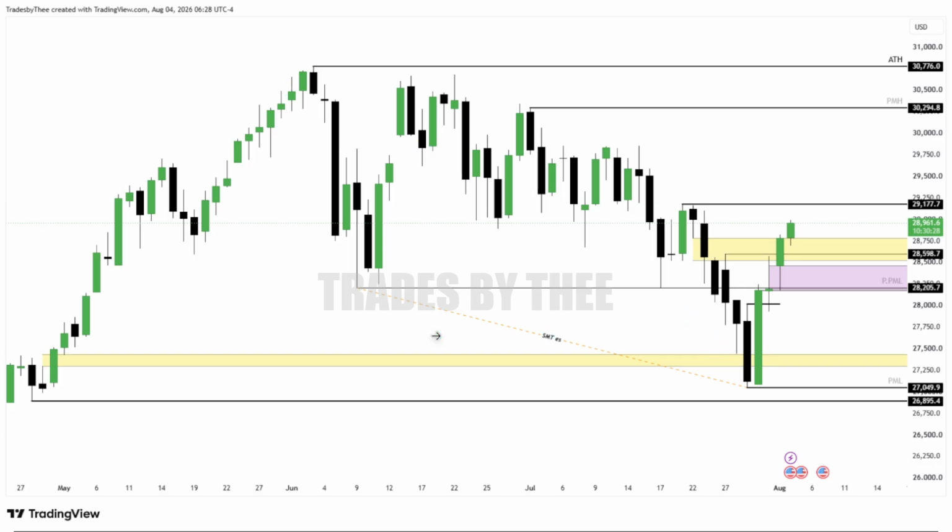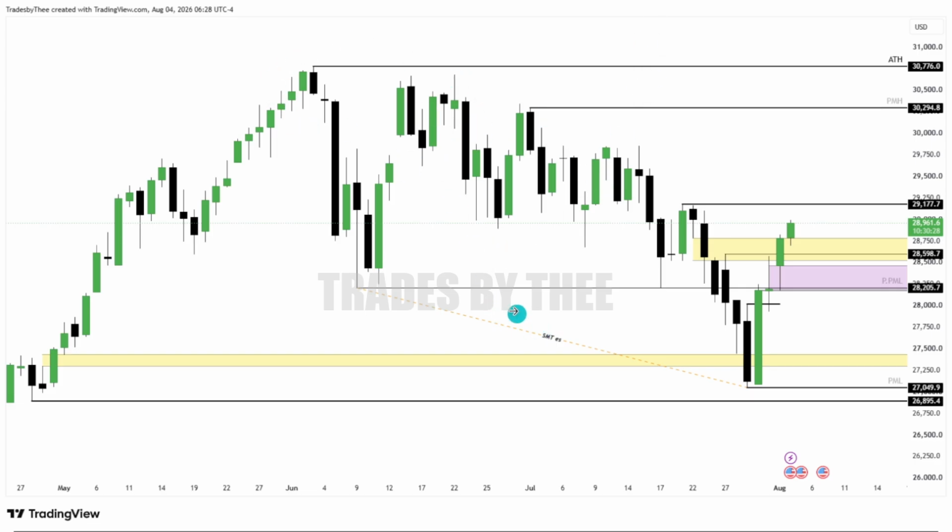Also, it's important to note that during the interaction with this daily fair value gap and this swing low, we see that there's an SMT formation with the S&P right there. That SMT formation is very important because if that SMT stands, it's going to support price to come and sweep these relative equal highs right here, and overall just going above all-time highs.